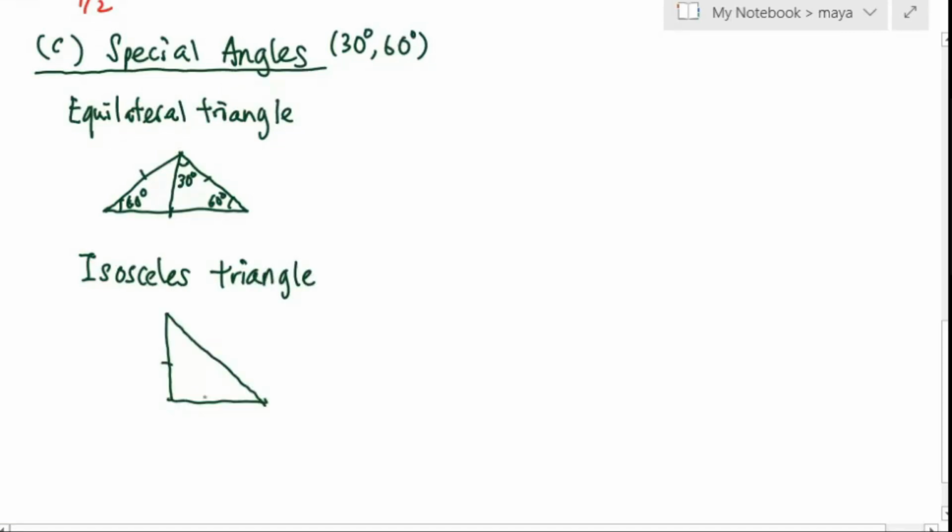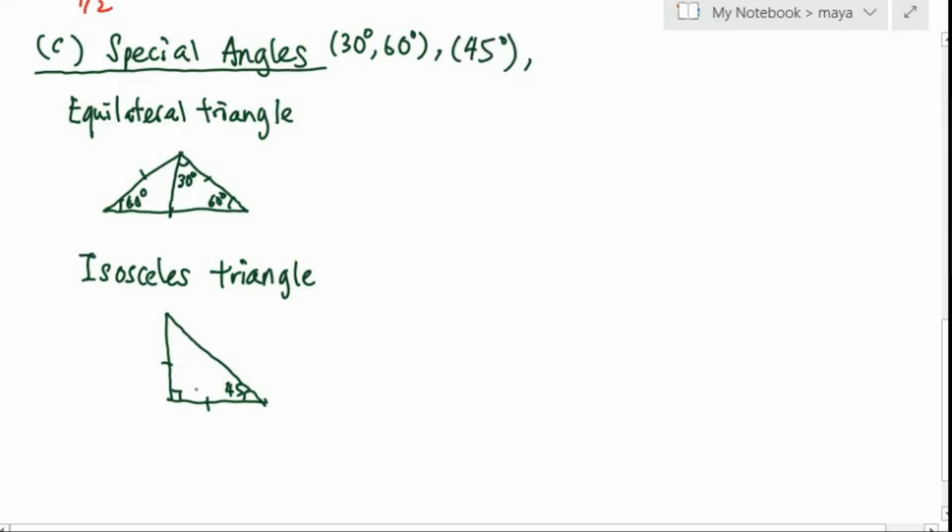Segitiga sama kaki sini. So bila dia sama kaki, bermaksud angle yang dia generate, dia akan guna right angle triangle. So nak sama kaki lagi, so 180 minus 90 divide by 2 equals 45. So kategori yang kedua, special angle is regarding 45 degree.